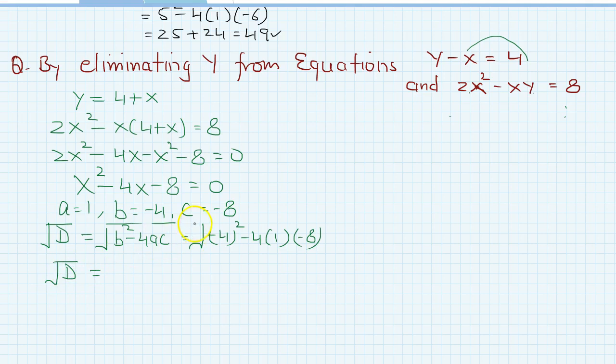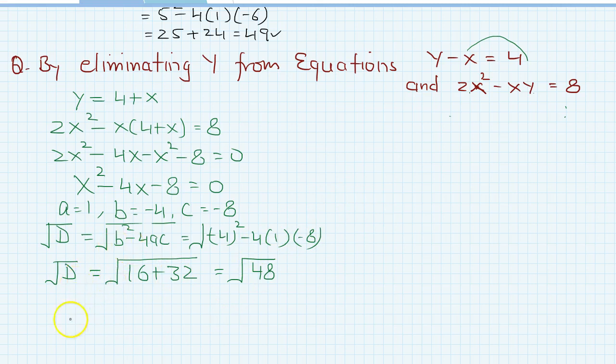So root d will be root 16 plus 32, so that is root 48.